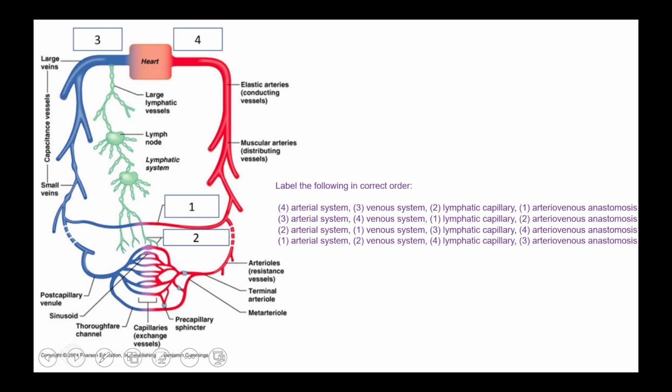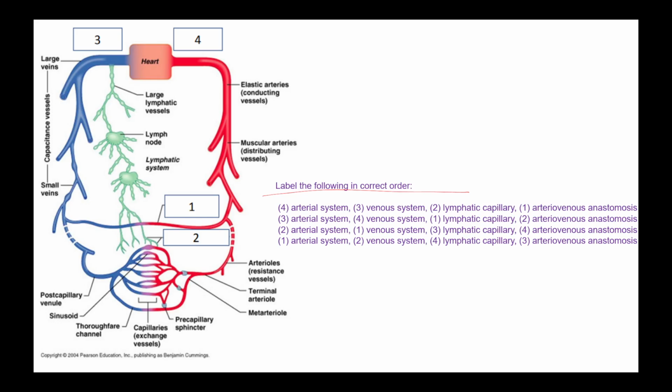Now the question and answer from this part. It says label the following in the correct order. This is the image of the entire blood flow from the heart to the lungs, and then back to the body.